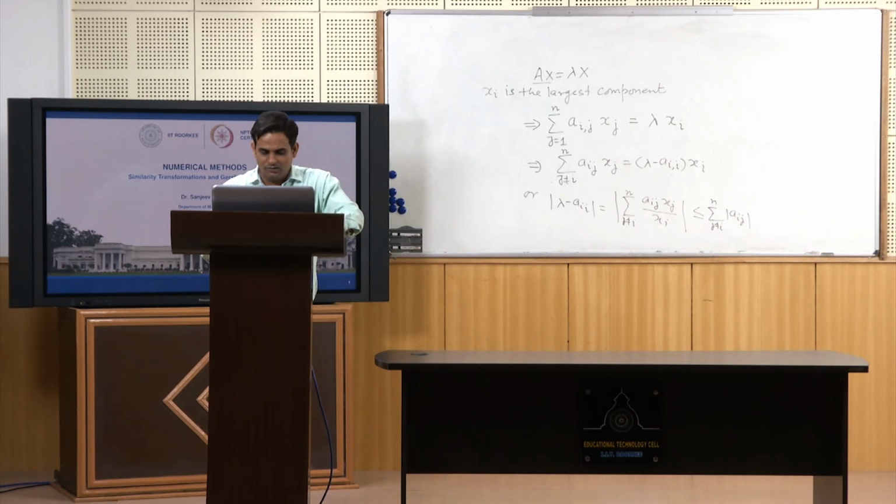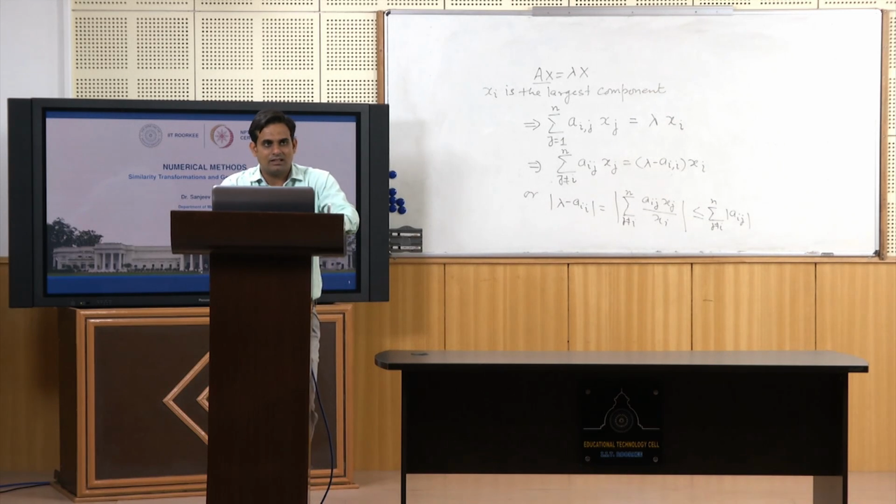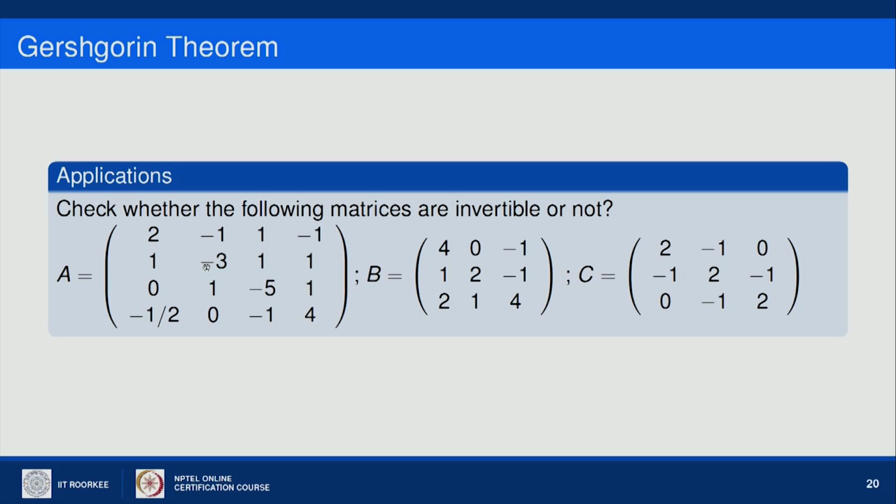Let us see some of the applications of this theorem. Just look at this 4 by 4 matrix. Can you tell me, just looking at this matrix, whether it is invertible or not? You can tell this if you know the determinant of this matrix or the eigenvalues of this matrix. However, if I apply the Gershgorin theorem on this problem, what do I get?